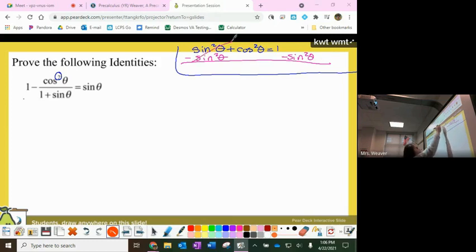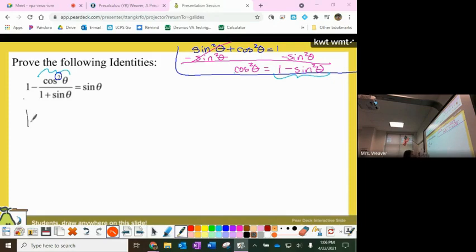So that's going to be cosine squared theta equals 1 minus sine squared theta. Okay, so where I have cosine squared theta in my formula, what can I substitute in for it? What is it equal to? Cosine squared theta is equal to 1 minus sine squared theta. So that's going to be the first substitution I make.